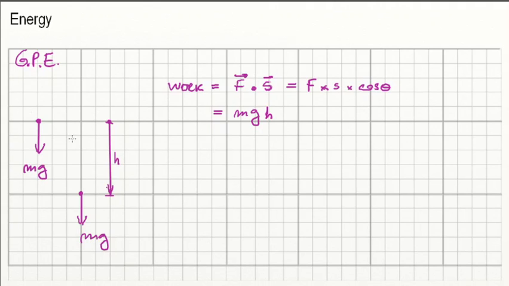But in this case, they are aligned, they are parallel, so the cosine here will be 1. So we only have to bother with the actual magnitudes of those vectors, which is usually the information which we already know.